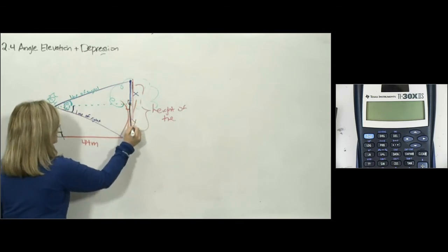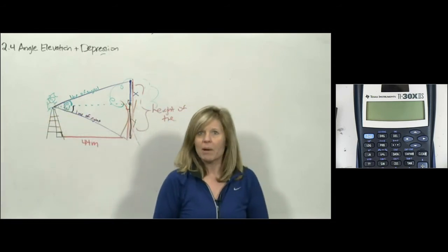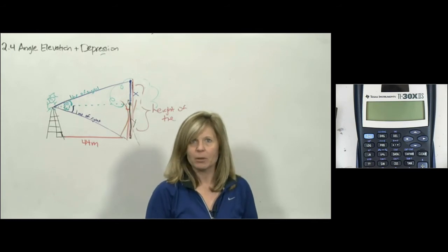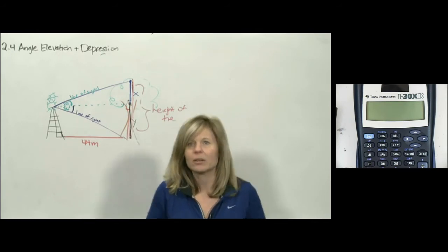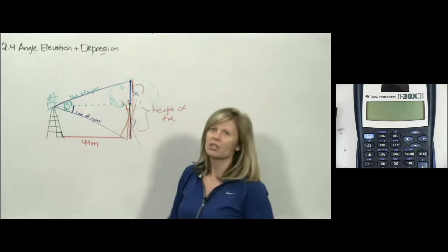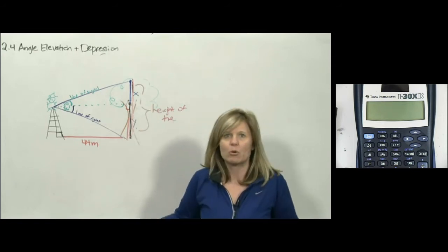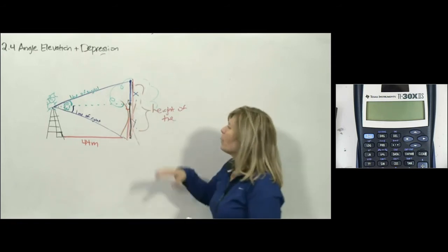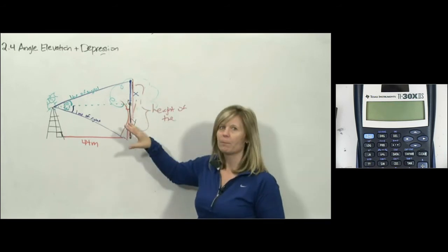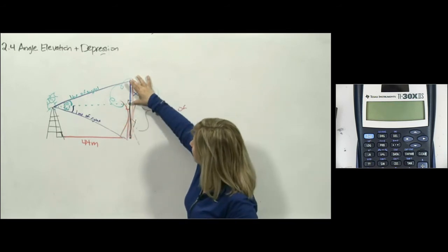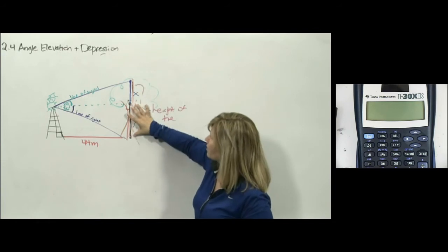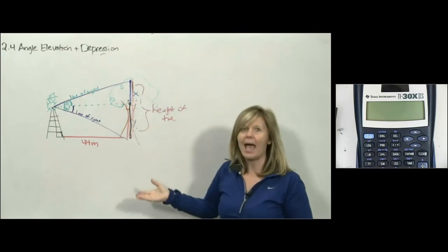So I'm going to label that length Y. Now remember, why do I have to label them each a different variable? Because we don't think they're the same length. If you label them both X, then you're telling me they're both the same length, and you don't know that. So what we got to do to find the height of the tree, we got to do it in two parts. We got to find the side of this right triangle. We got to find the side of that right triangle, and then we're going to add them up.